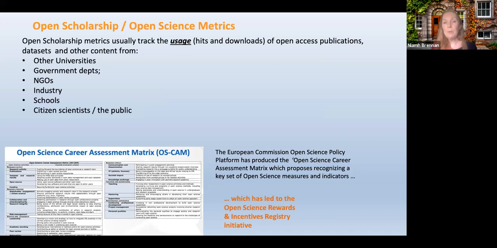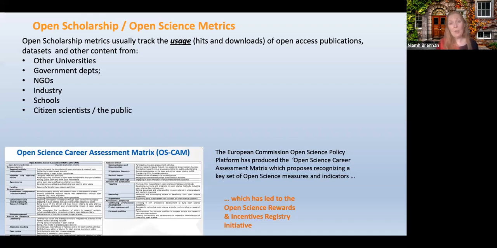And it's very valuable if you possibly can to track the usage, the hits and downloads of open access publications, especially paying attention to the use from other universities, from other countries, from government departments, NGOs, industry, schools, citizen scientists and the public. You can use Google Analytics and some other tools to try and track your open science metrics, and don't forget about ImpactStory as well for that.